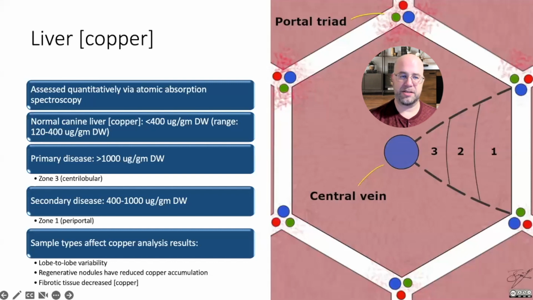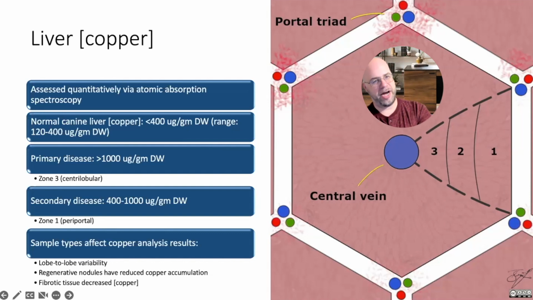Primary disease is typically associated with a copper concentration on a dry weight basis greater than 1,000 micrograms per gram or parts per million. And it has a centrilobular distribution.